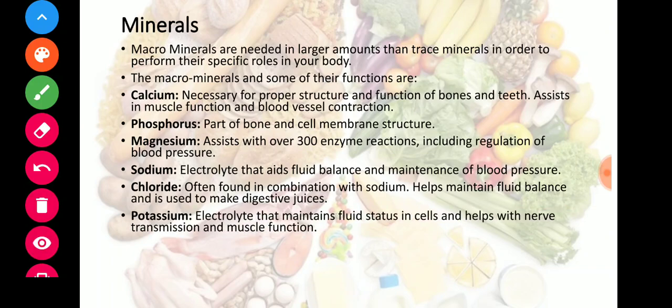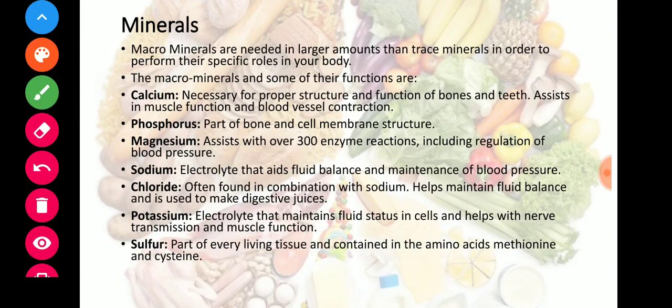Potassium is an electrolyte that maintains fluid status in cells and helps with nerve transmission and muscle function. Sulfur is part of every living tissue and is contained in the amino acids methionine and cysteine.